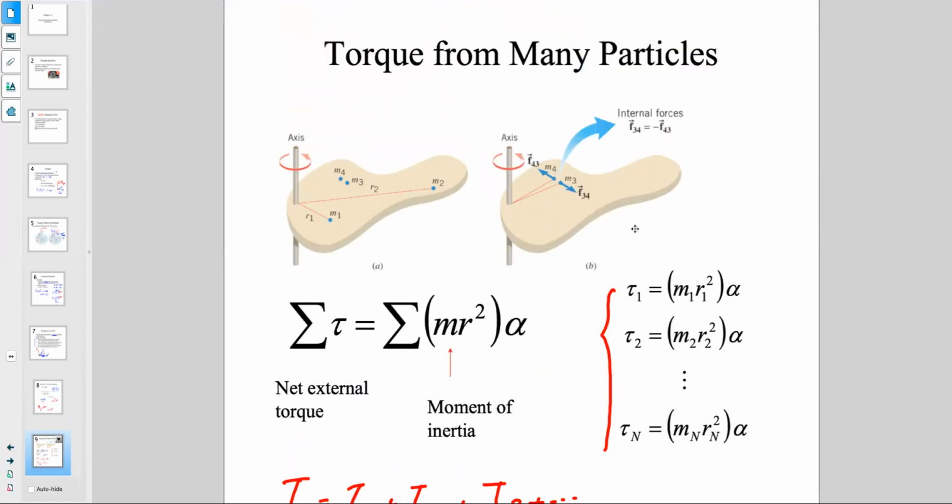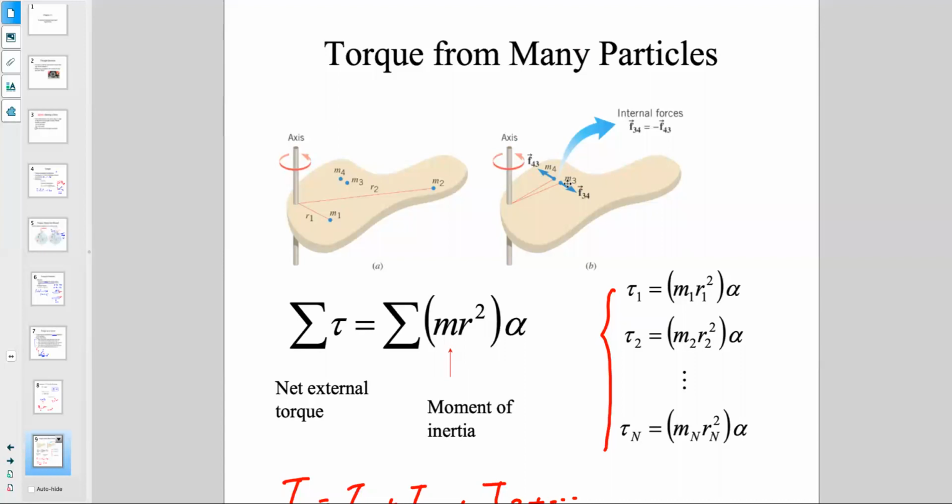It's also very important to note that when we're talking about this, all of the internal forces will cancel out. These are action-reaction pairs, and we do not consider them as a force that will cause the torque. For example, F of 3 to 4 is in this direction, and from 4 to 3 is in this direction.